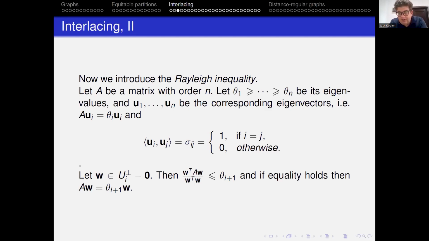U_i is the space generated by the first i vectors, U1 to Ui, and the perp means the orthogonal complement. Then we get that it's always smaller or equal to theta i plus 1. And if we have equality, then we know that w must be an eigenvector with eigenvalue theta i plus 1.